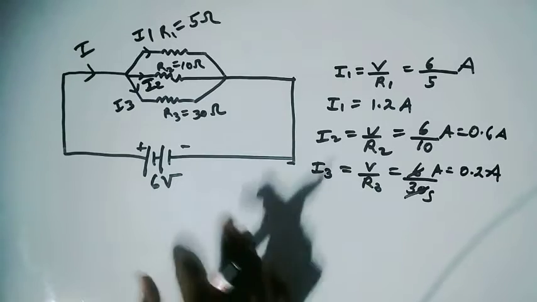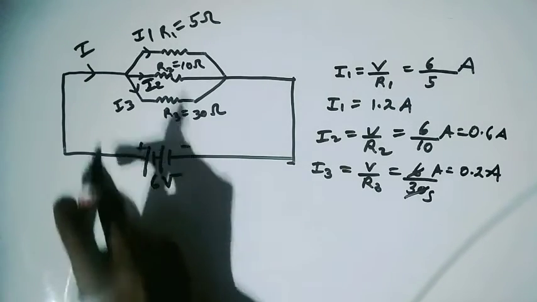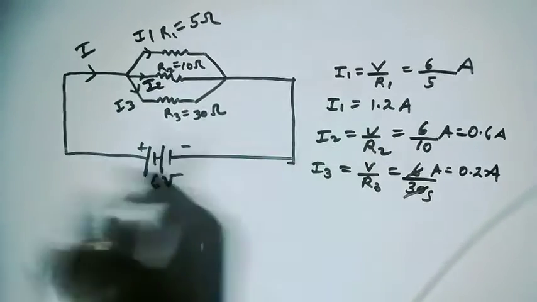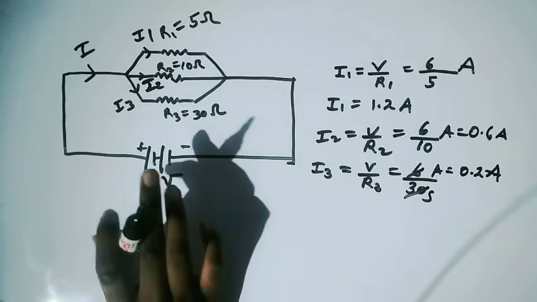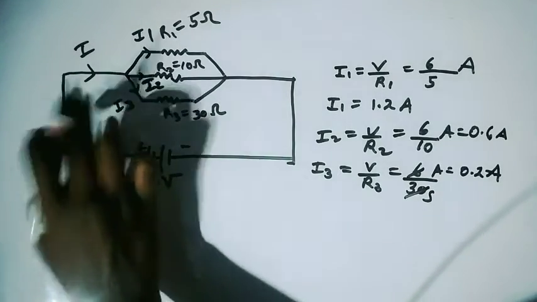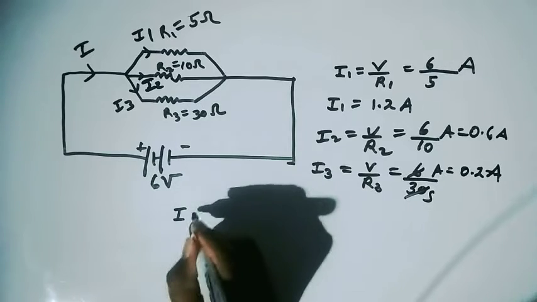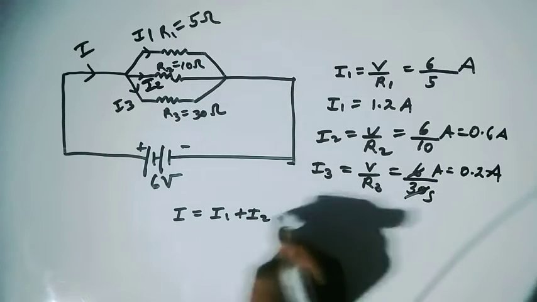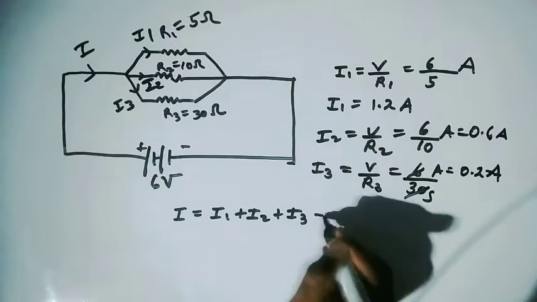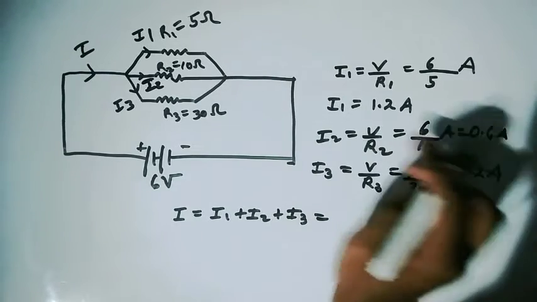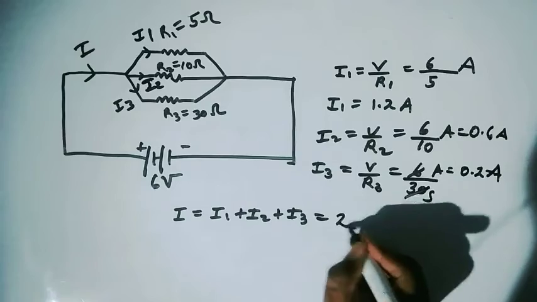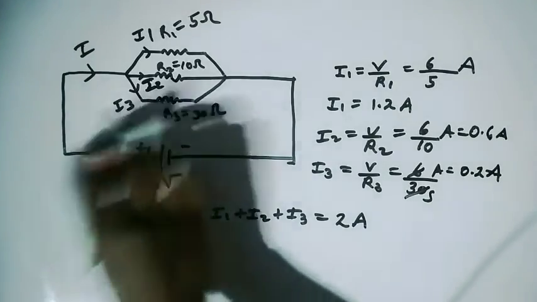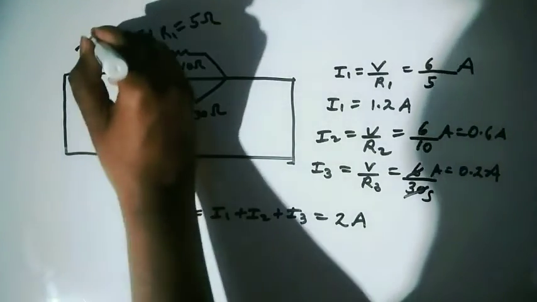Now we are asked to find the total current flowing through this circuit. So the total current is I, and I is equal to I1 plus I2 plus I3, which is 0.8 plus 1.2, which is 2 ampere. So 2 ampere of current is flowing through this circuit.